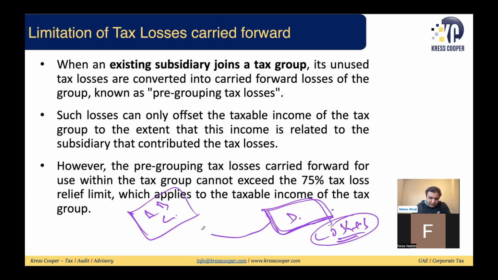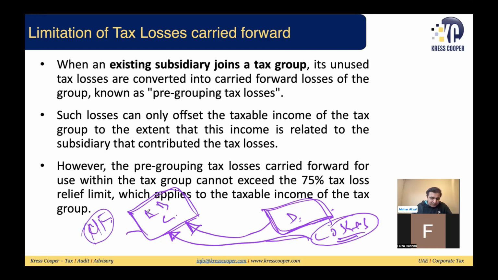This company is joining the tax group A, B, C, D. The law says that if this subsidiary is joining the group ABC, these losses of D will be added as group losses. So the group will be able to carry forward the losses.